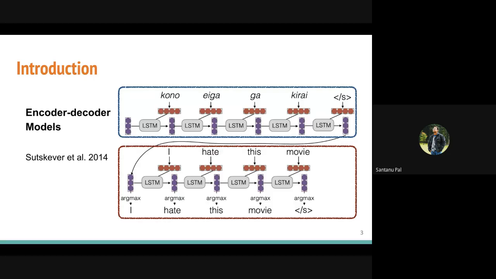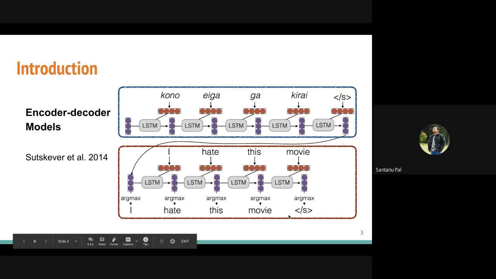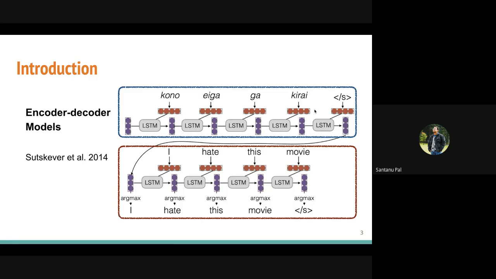It came in on machine translation and language modeling tasks. This is the very first model for machine translation, a sequence to sequence model which can accept some source sentence and generate the target sentence in some other language. In this case, the source sentence is French, and the target sentence is English.